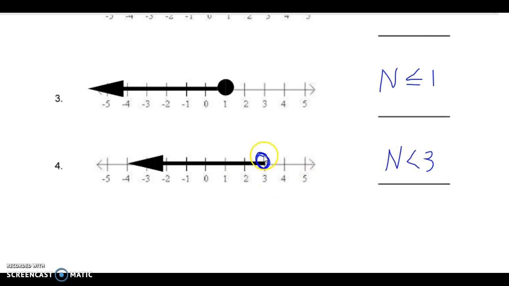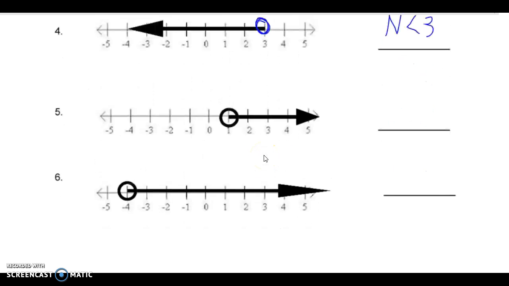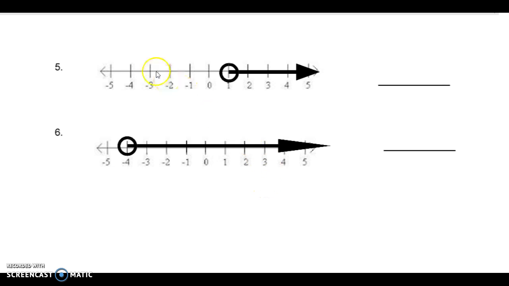Okay. So let's go down to number 5 and 6. For number 5, there's an open circle at 1, which means the number 1 is not included, right? So we want all the numbers that are greater than 1. But 1 is not included, so I cannot include 1.